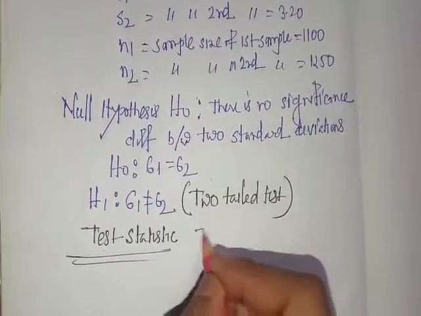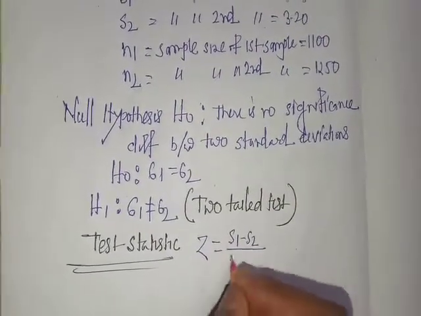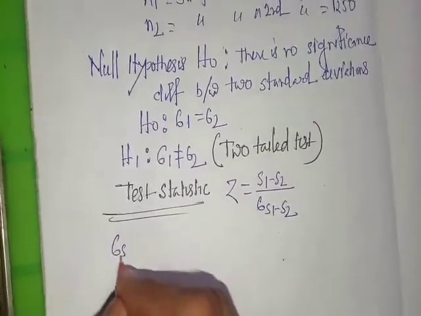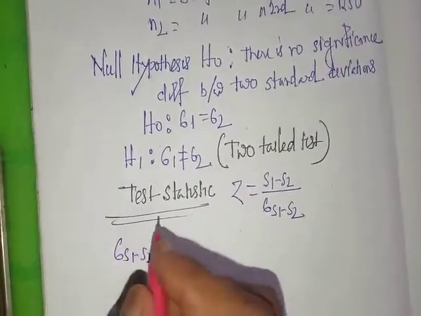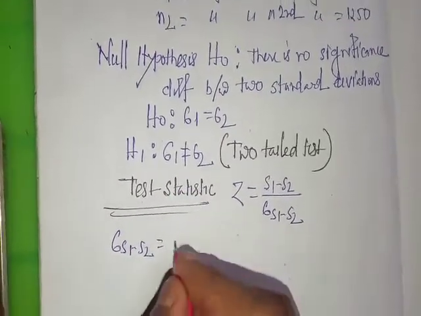So the test statistic Z equals S1 minus S2 divided by sigma of S1 minus S2, where sigma of S1 minus S2 is the standard error of the difference of two sample standard deviations.